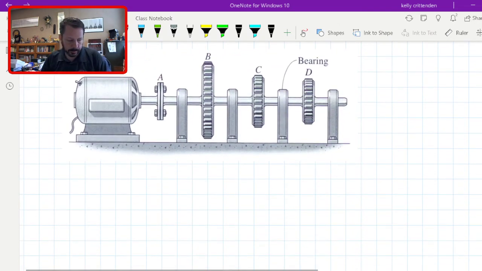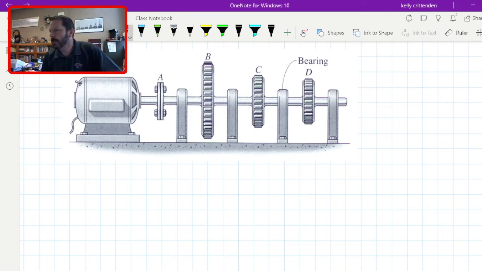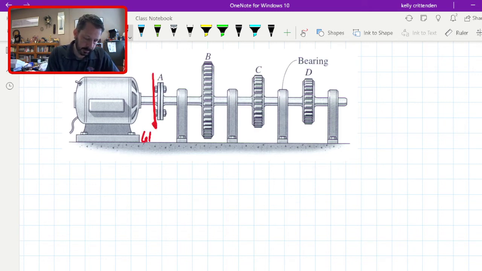And let's just overlay some stuff on here from the problem statement. So the motor, this little DC motor on the left-hand side, supplies a torque of 6,000 Newton meters. There's nothing here indicating which direction, so I'm just going to say turn it this way, 6 kilonewton meters.